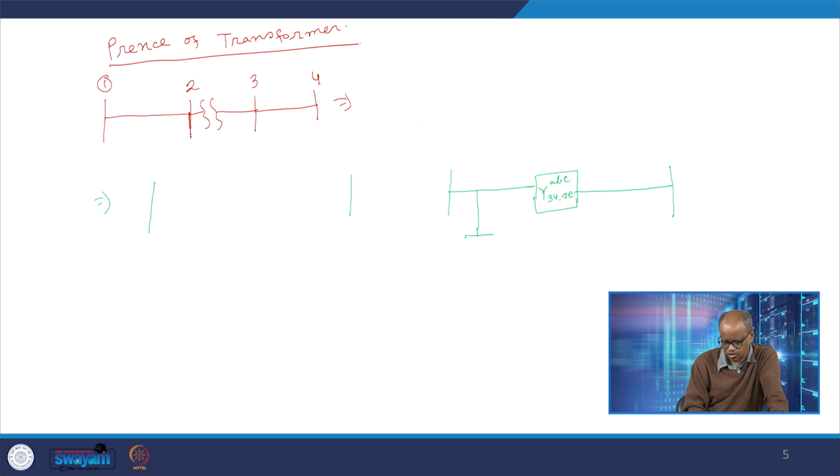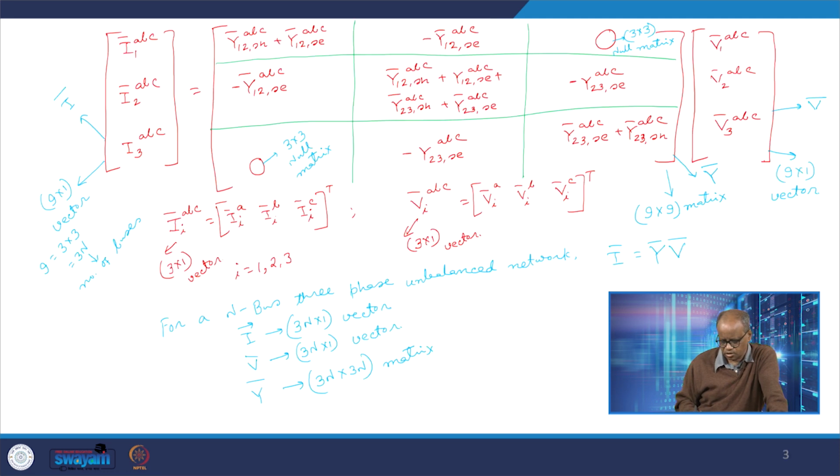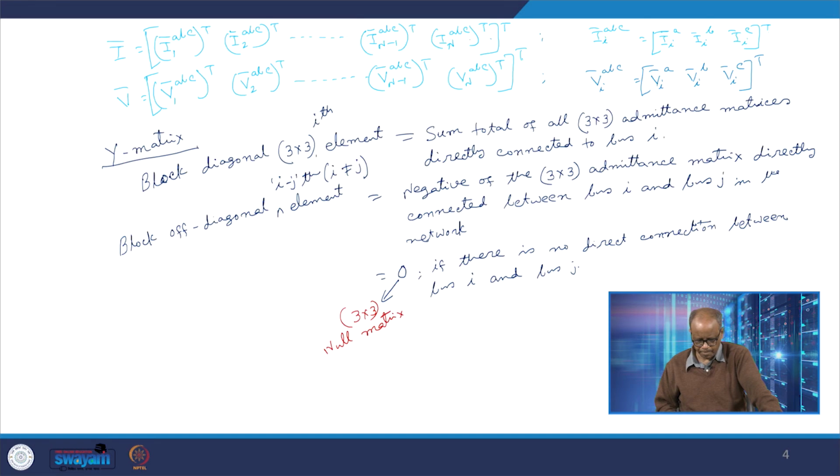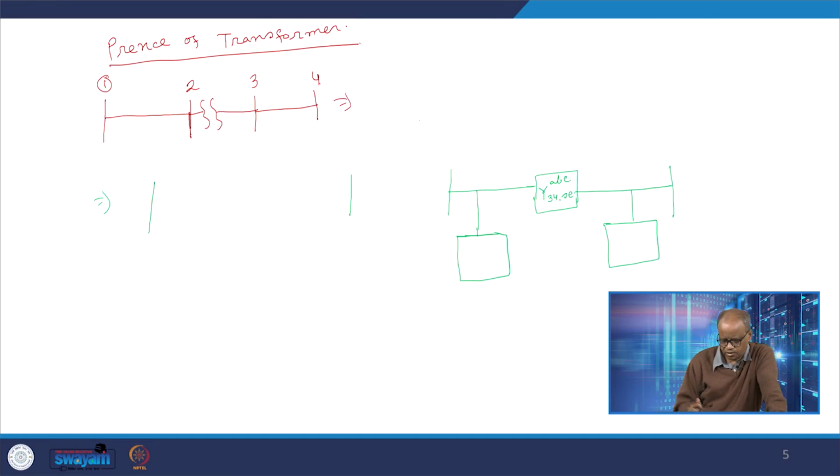And there are shunt matrices connected here also. These two are termed Y34 shunt ABC. Please note these are all.